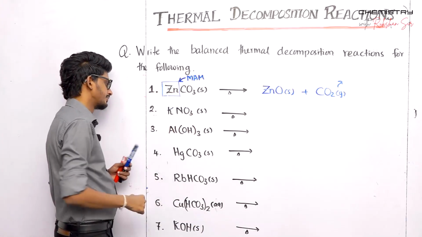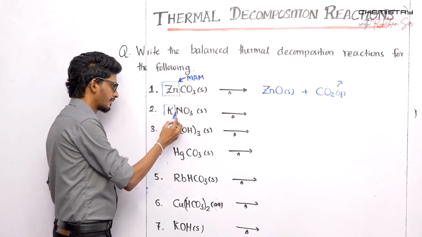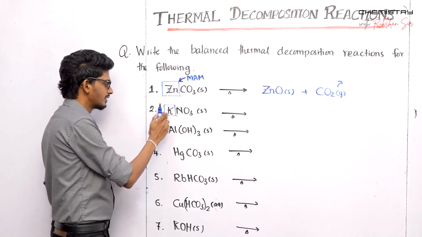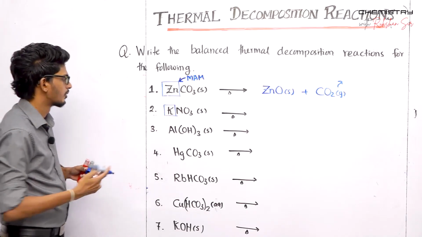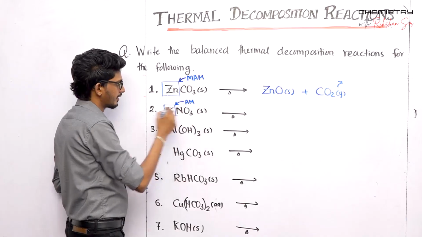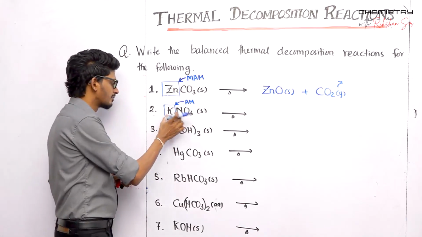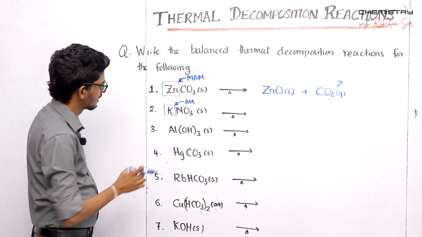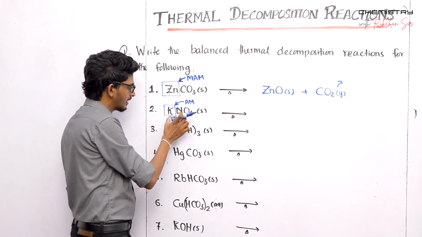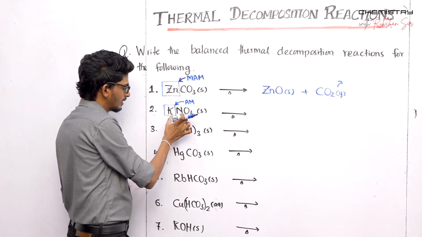Next, potassium nitrate. First, think of this: to which category does potassium belong? Potassium belongs to active metals. Active metal nitrates will decompose to give you the nitrites and O2.